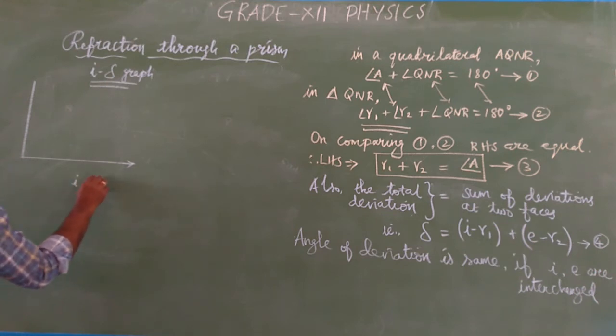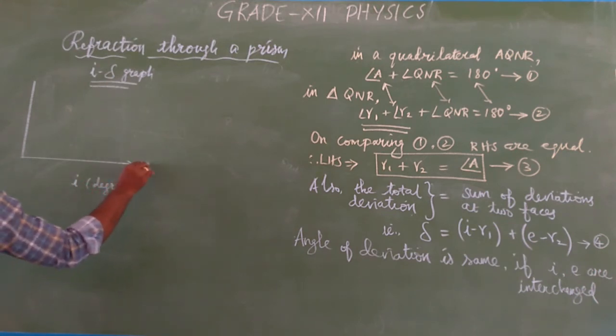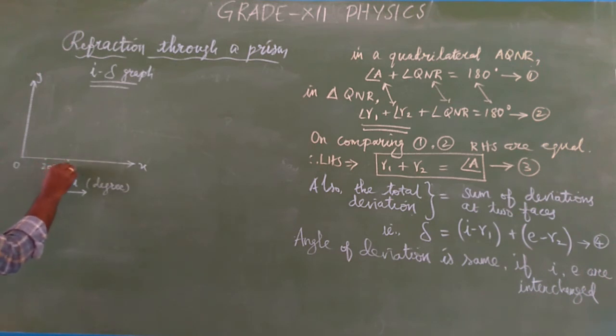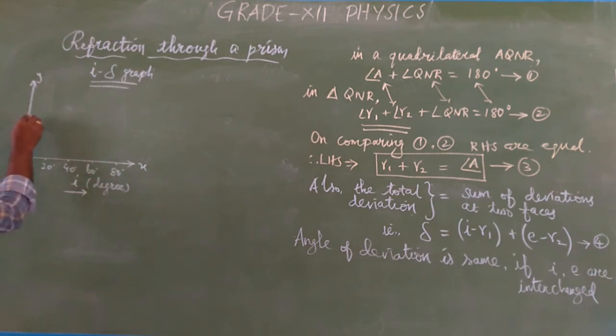The angle of incidence in degrees is on the x-axis, and the angle of deviation, also in degrees, is on the y-axis. For different angles of incidence, you plot the corresponding angles of deviation: 0, 20, 40, 60, 80 on one axis, and 40, 50, 60 on the other.